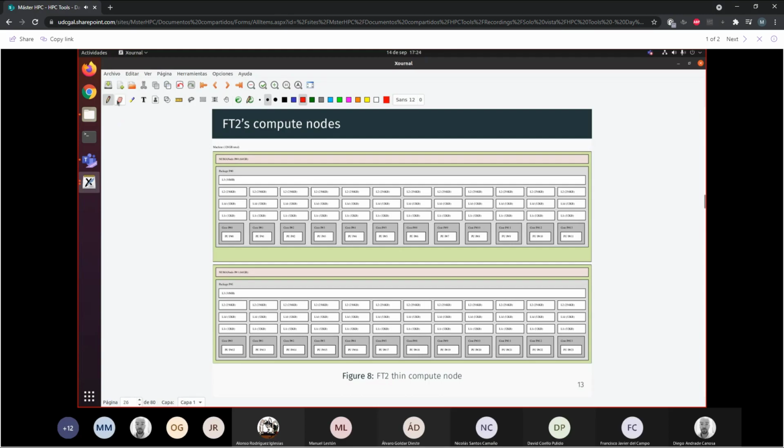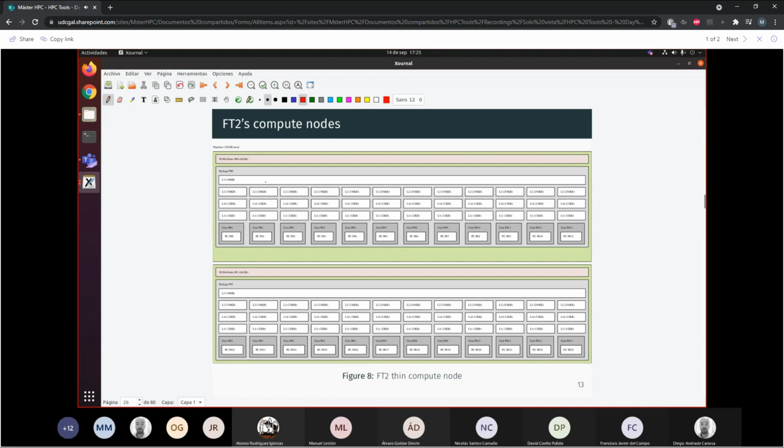Remember the concept that we saw before, and a shared level 3 cache memory, okay, for the 12 cores. This will be the second processor with the same structure, 12 cores, two private levels of cache memory to each one, and a shared level in the last level of the cache, okay?